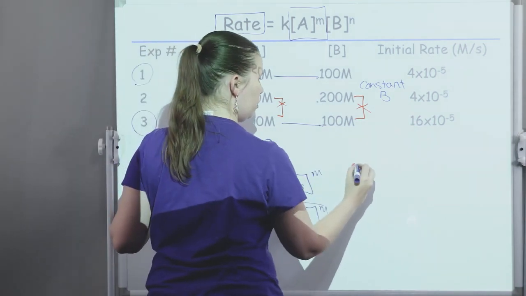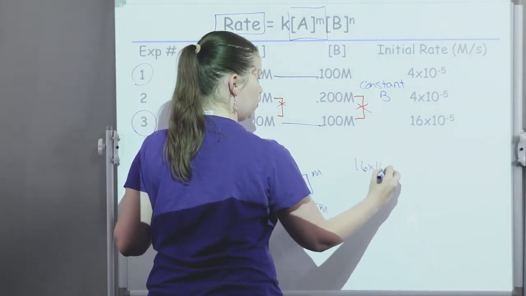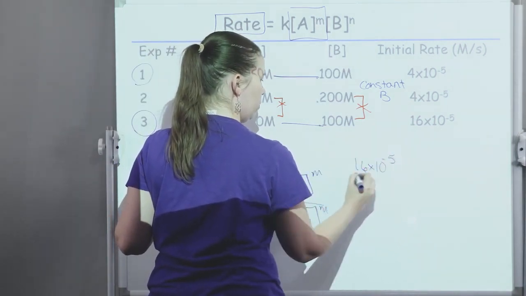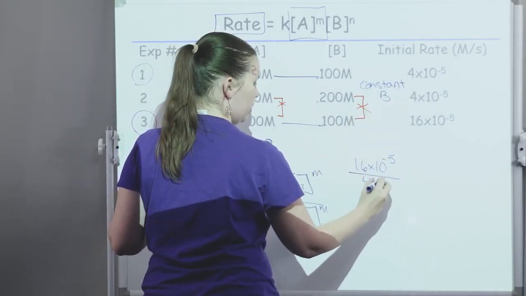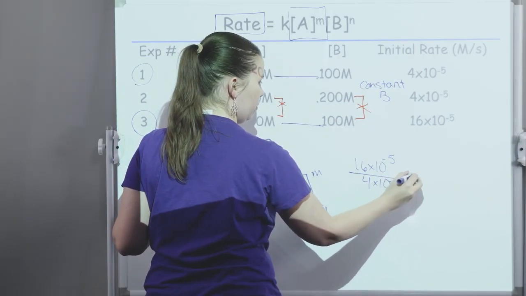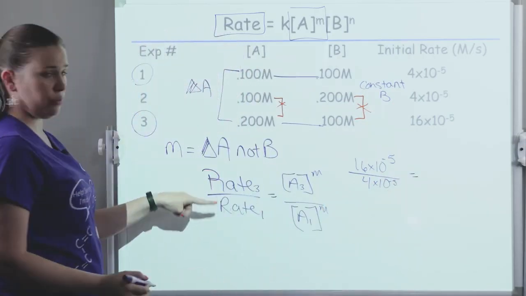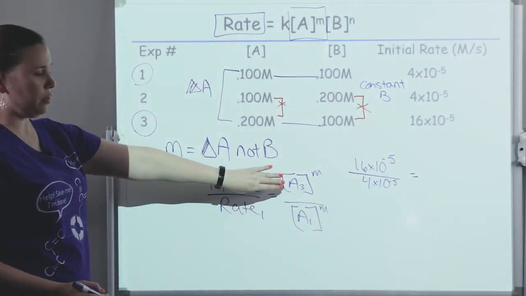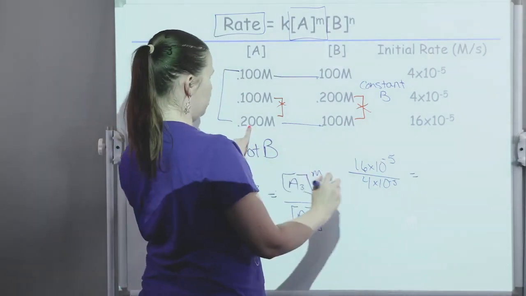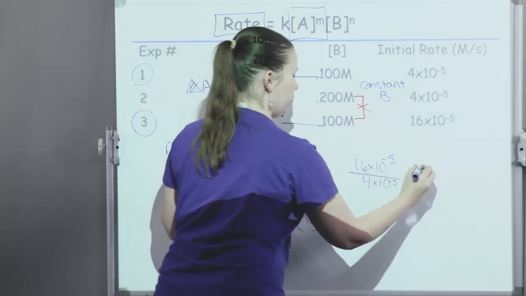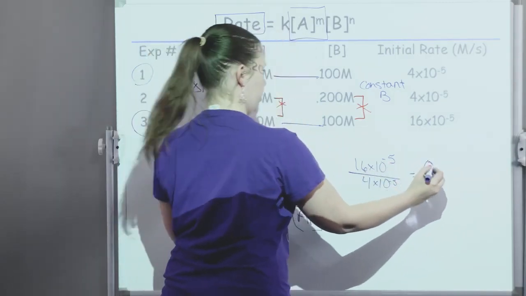The rate for number 3 was 16 times 10 to the negative 5th over the rate for number 1, 4 times 10 to the negative 5th. So it's rate 3 over rate 1. Now I'm going to put concentration of 3 over concentration of 1. So the concentration for the third one, for A, finding M, is 0.200.